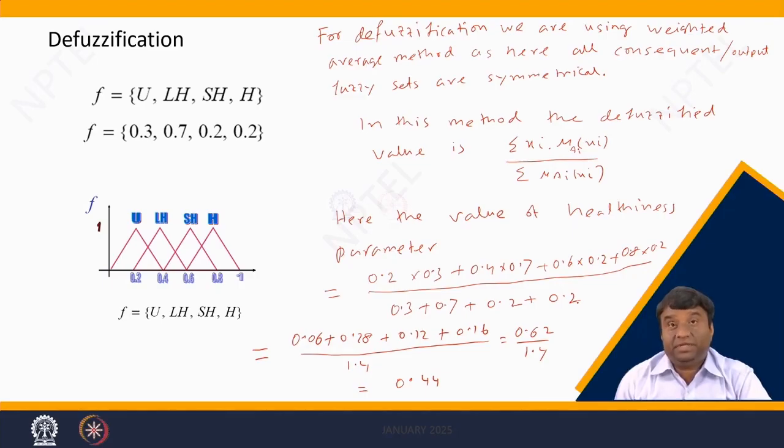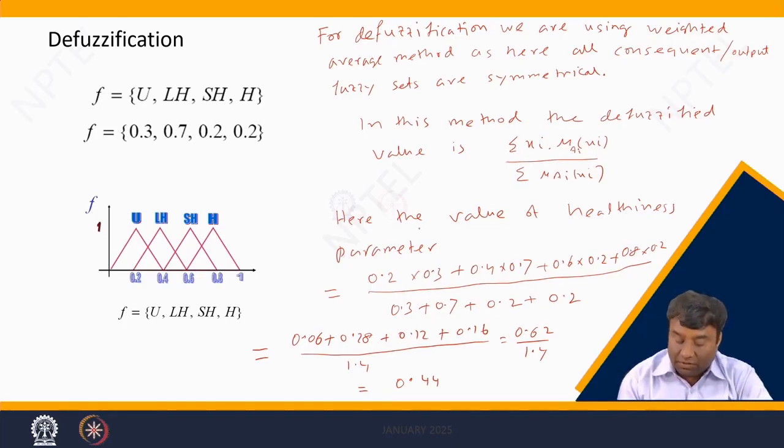The next step is defuzzification. For defuzzification, we are using the weighted average method, as here all consequent or output fuzzy sets are symmetrical. In this method, the defuzzified value is the summation of xi into mu(xi) divided by the summation of mu(xi).